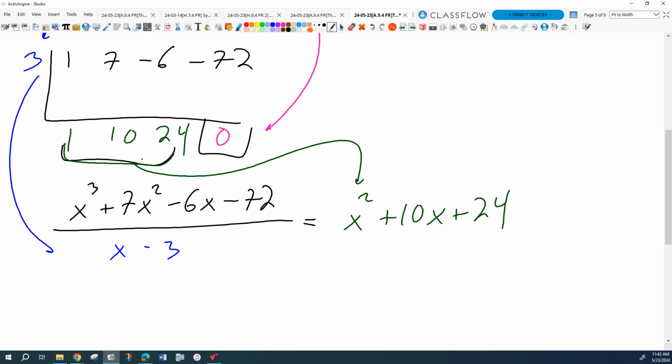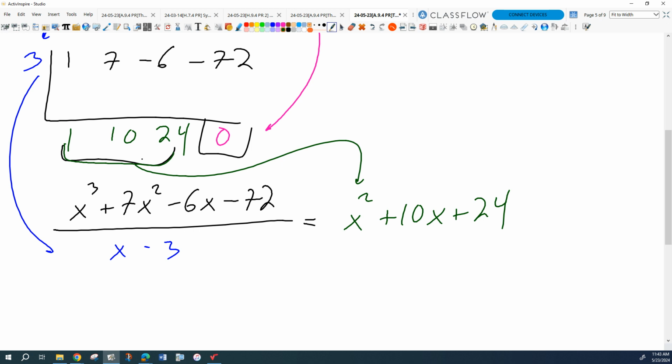Agreed? Okay. So then really what we just found is that two factors of our original polynomial are x minus 3 and that quadratic polynomial, that green one, right?